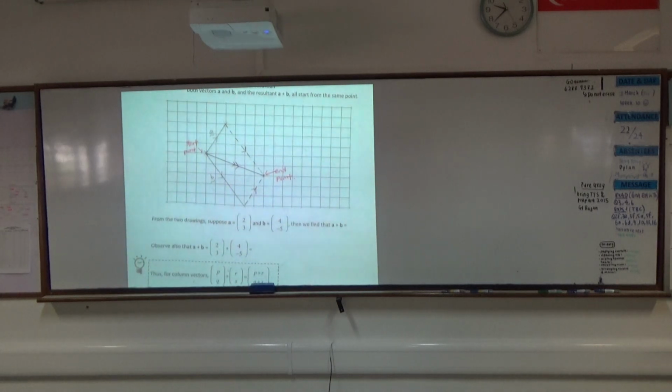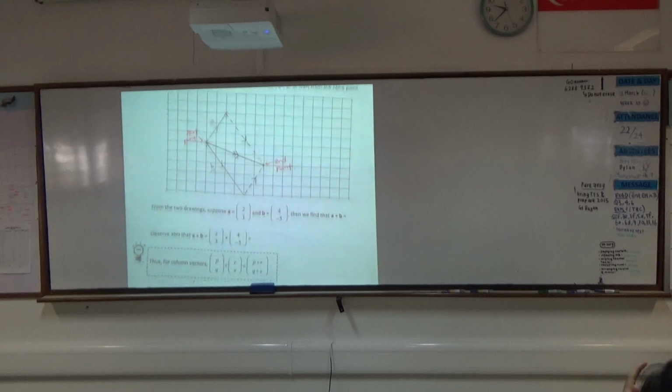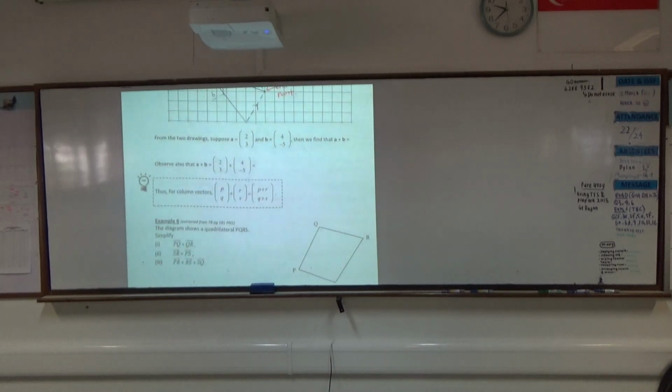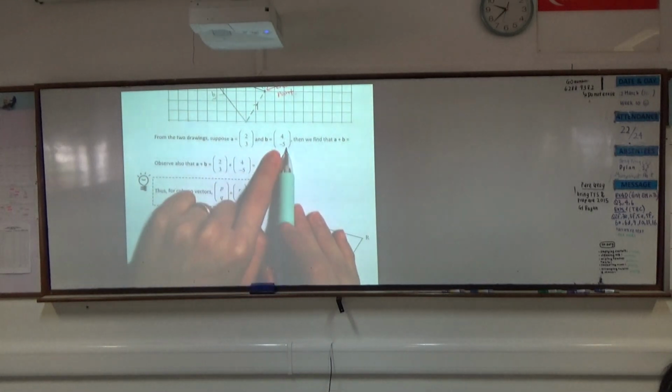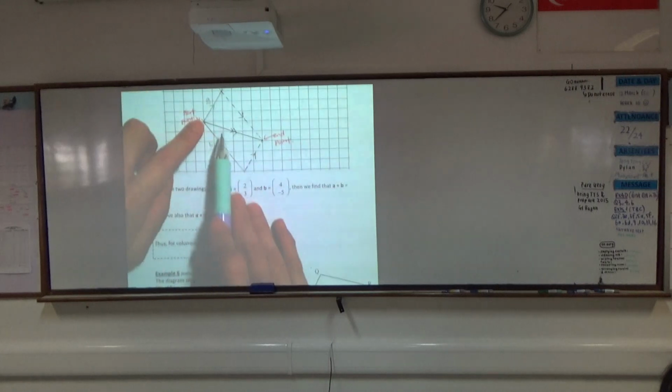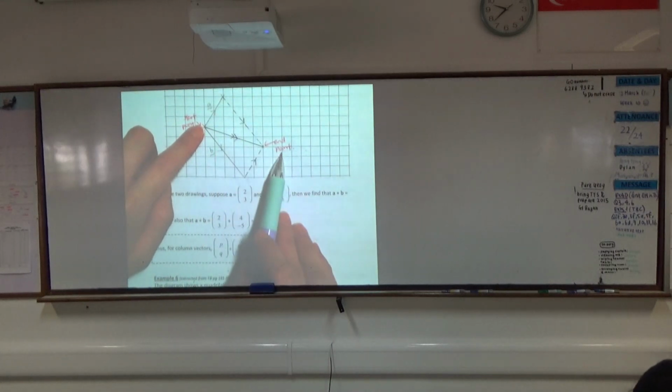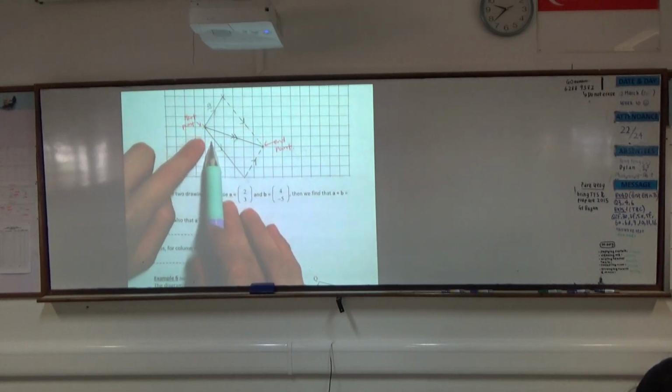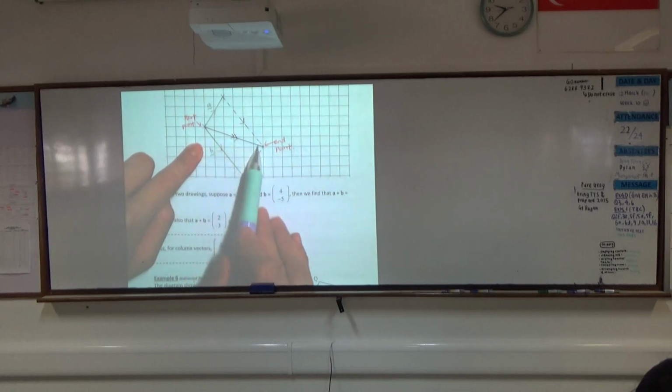So they are consistent laws. Now next, from the two drawings, suppose vector A is this and vector B is this. We see that A plus B, the resultant vector, is going down by 2 units and to the right by 6 units.